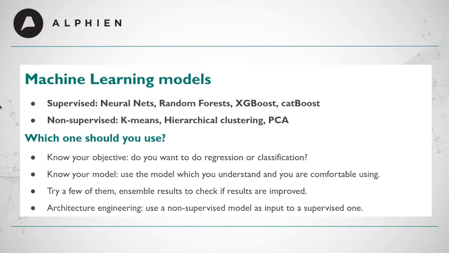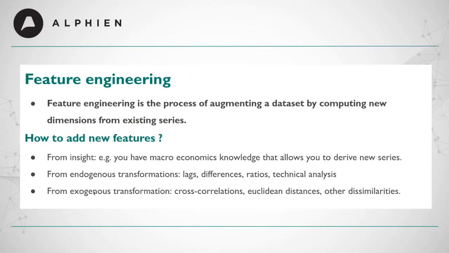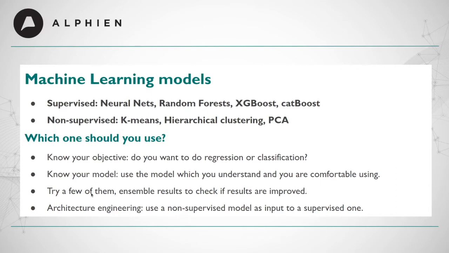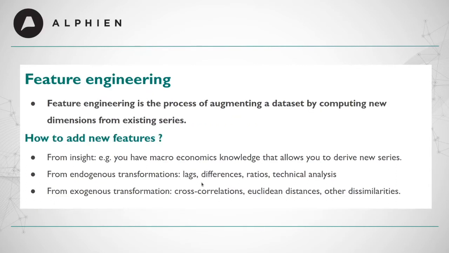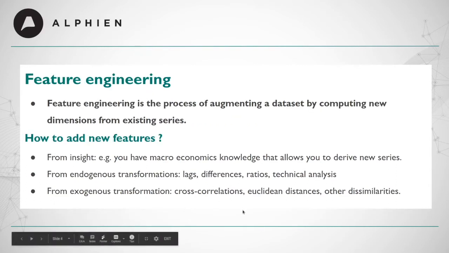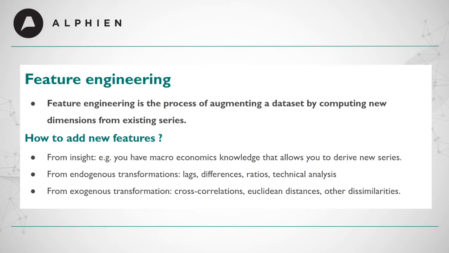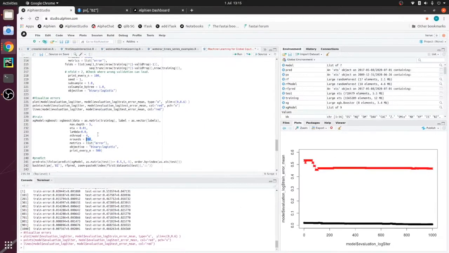As we've said here, this is what I've listed under exogenous transformation, and you can add cross correlations. So what you need to do is to build every pair of cross correlation in the data set and add it to your initial feed data here.